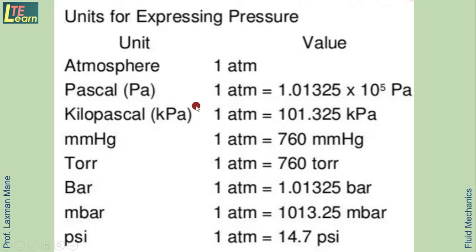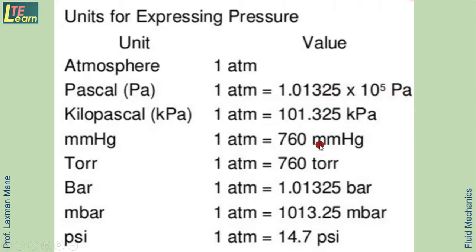There are some other units of pressure which are used in the calculations. For the atmospheric pressure, the unit used is 1 atm, that is equal to 1.01325 into 10 raised to 5 Pascal. Here it is given in kilopascal.